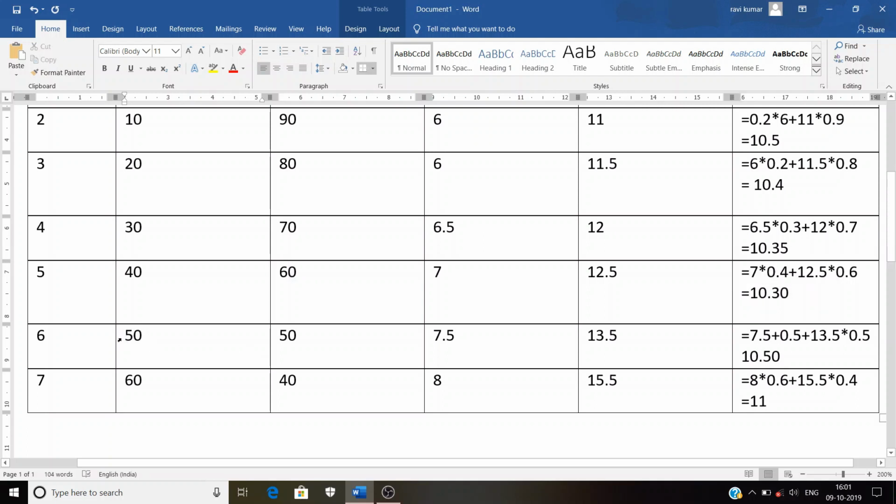But in the sixth case, where weight of debt is 50 and weight of equity is also 50, your overall cost of capital starts increasing, that is 10.5. And in the last case, where you take weight of debt 60 and weight of equity 40, then your overall cost of capital increases further, that is 11.